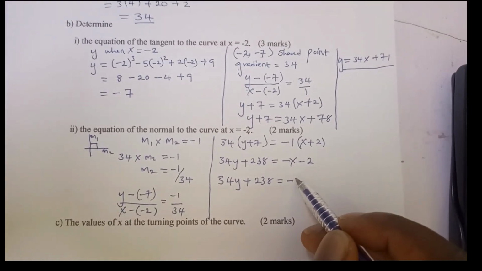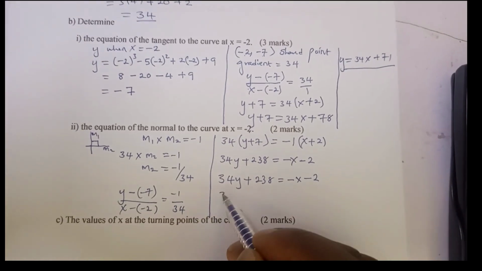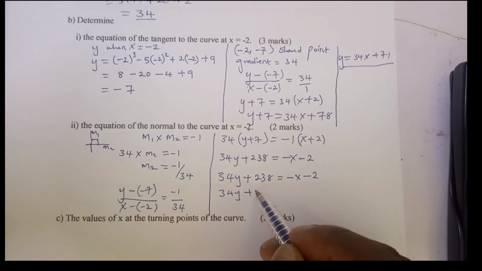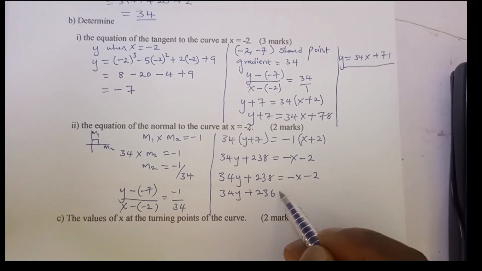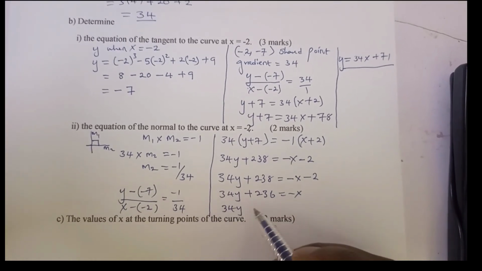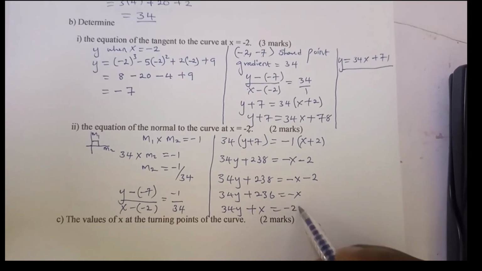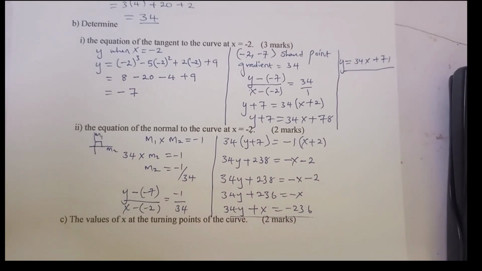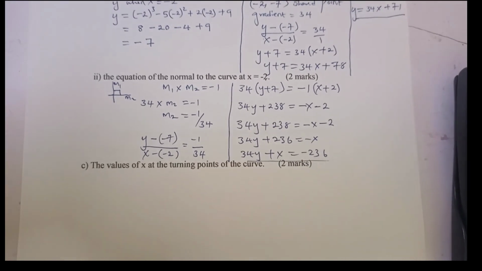So we put the like terms together: 34y plus x is equal to negative 236. We can leave the equation at that point because no one has asked us to give it in a uniform form.